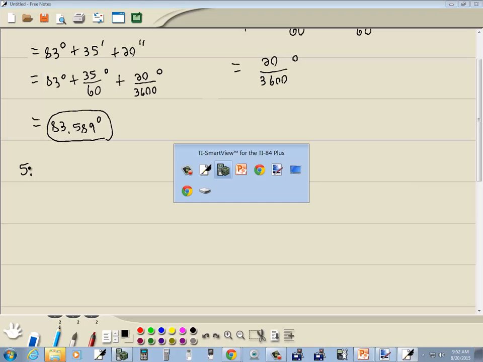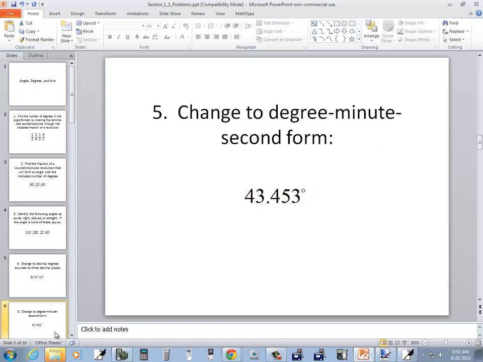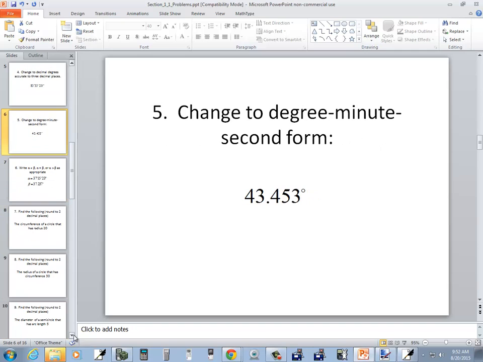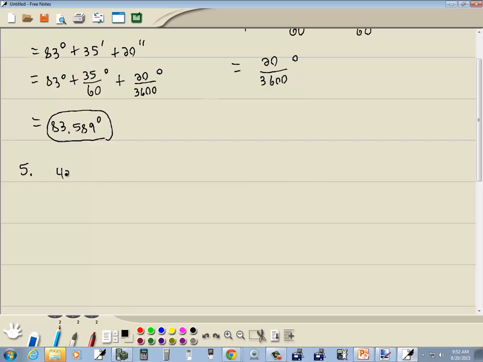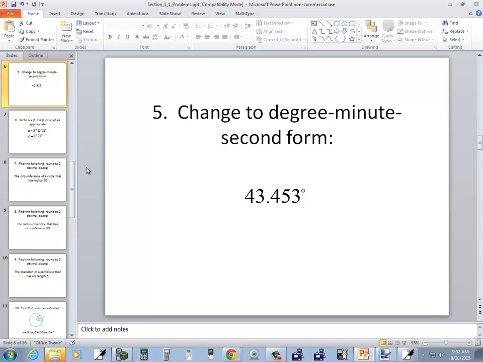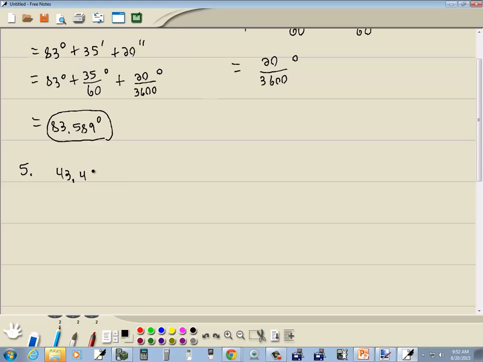Okay, let's take a look at our next problem. Number 5. And it says to change to degree, minute, second form. So it's given it to us in decimal form. Okay, so we got 43.453 degrees.